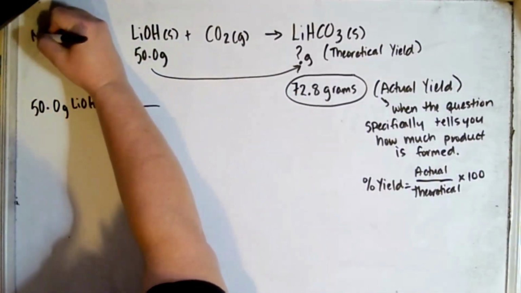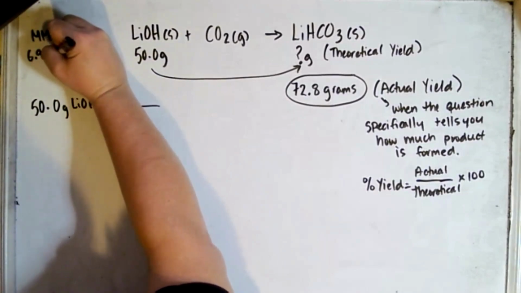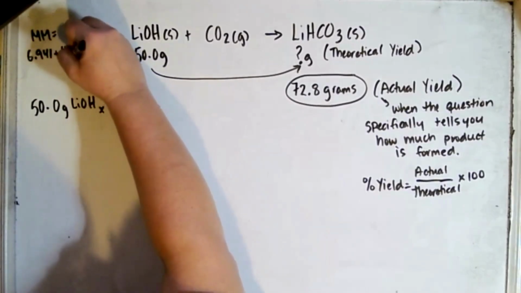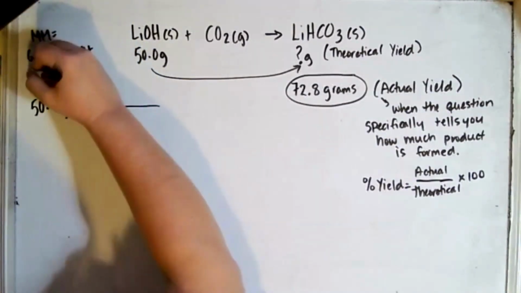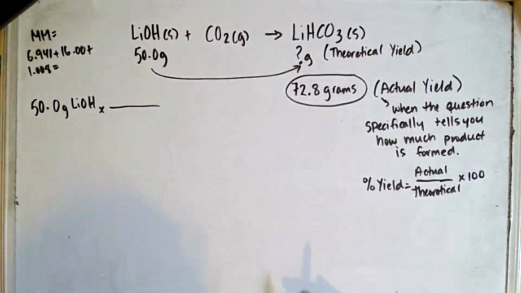Let's do our little molar mass calculation up here. So lithium is 6.941. Oxygen is 16. And hydrogen's 1.008. So we'll add all those together.